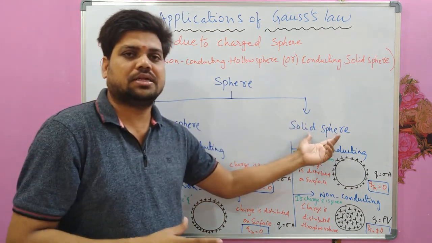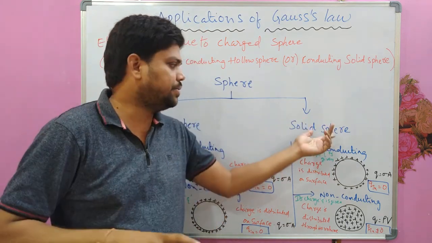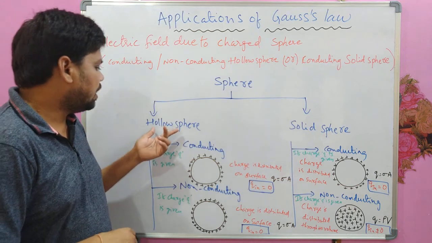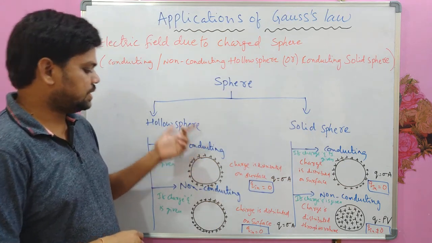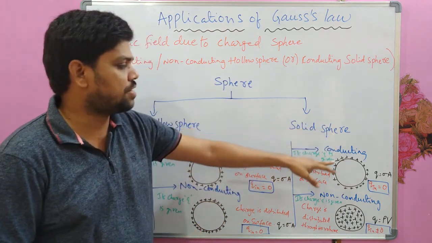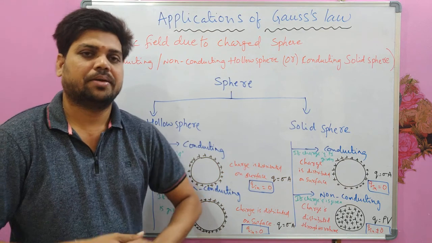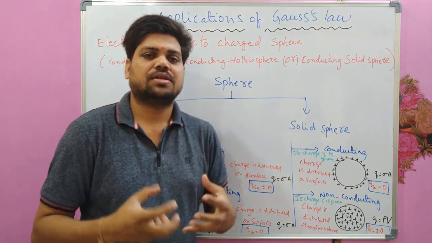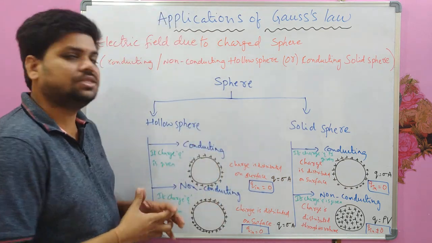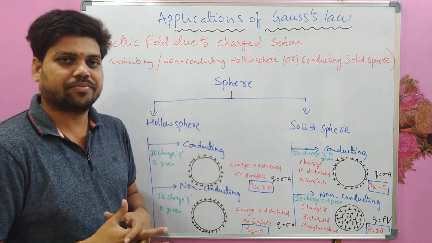And the solid sphere, with no empty space, material occupying its whole volume. Under hollow sphere we have conducting and non-conducting hollow spheres, and under solid sphere we have conducting and non-conducting solid spheres.